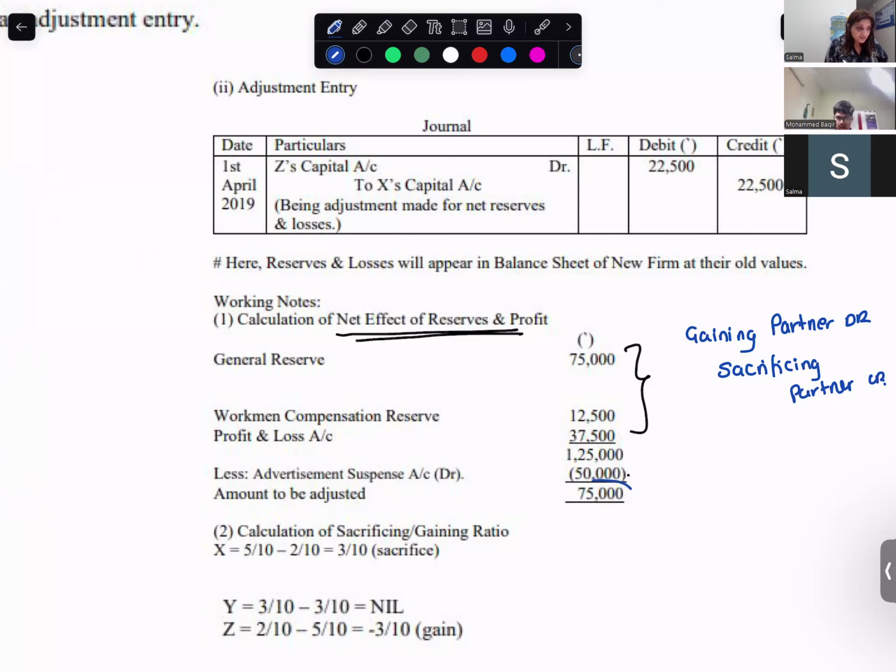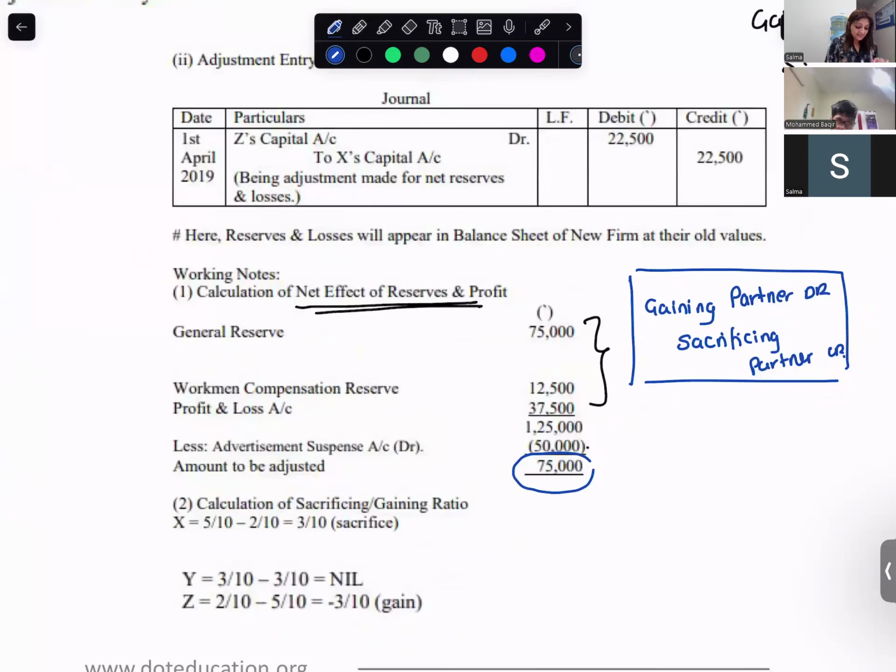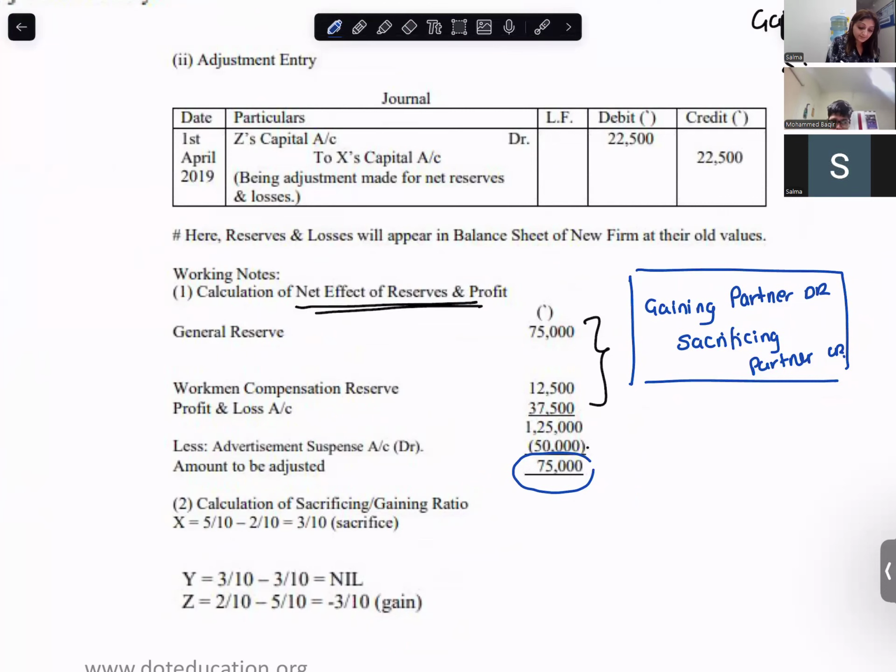If the amount to be adjusted would have been negative, then this entry would get reversed. What would happen to this entry? It will be reversed: sacrificing partner debit and gaining partner credit. So that means I need to find the gaining ratio and the sacrificing ratio.